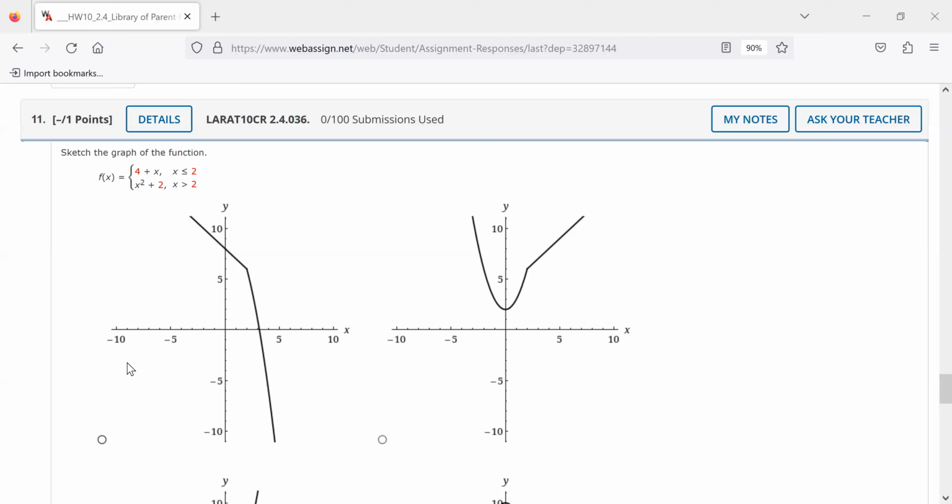Okay, here. Basically, we're just matching the graph. 4 plus x is just the identity line plus 4, but it has to be below 2. So do A or B make sense?